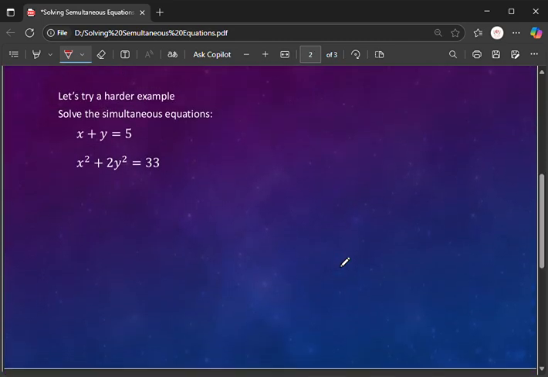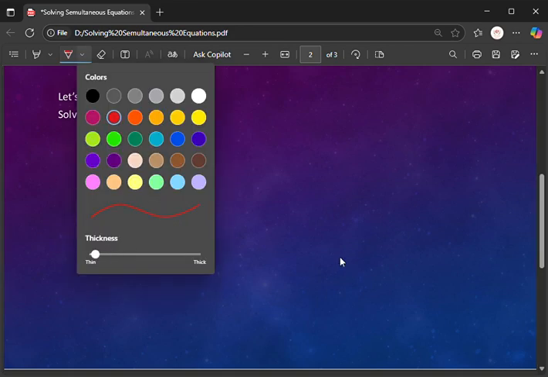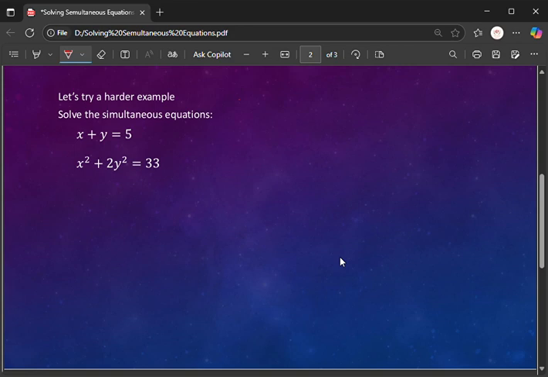One linear, one quadratic, but we still follow the same steps. So we start by naming the equations, equation 1 and equation 2. From this we have x equals 5 minus y, and then we substitute in equation 2: (5 minus y) all squared plus 2y squared equals 33.